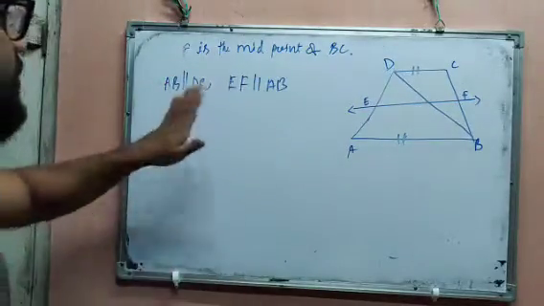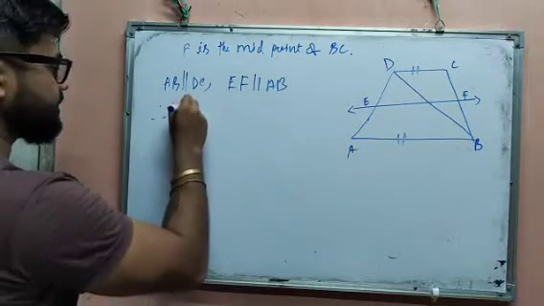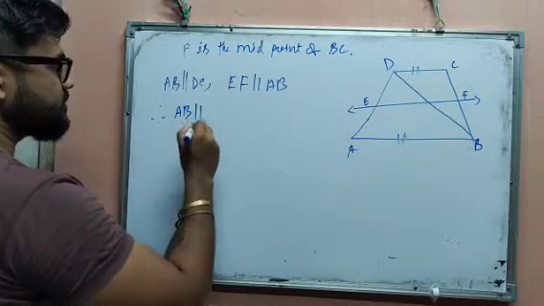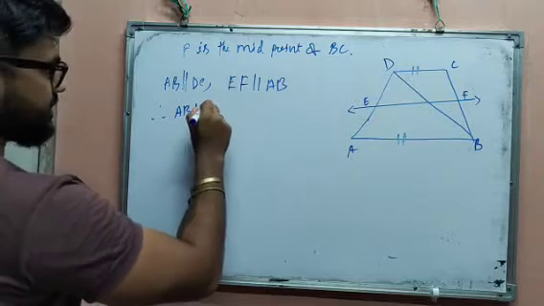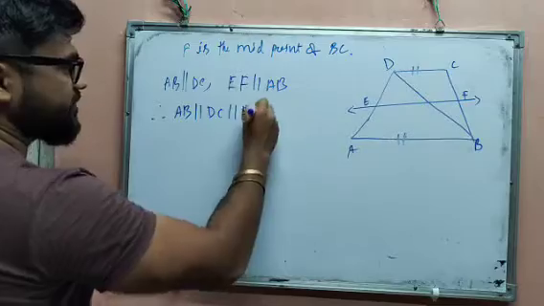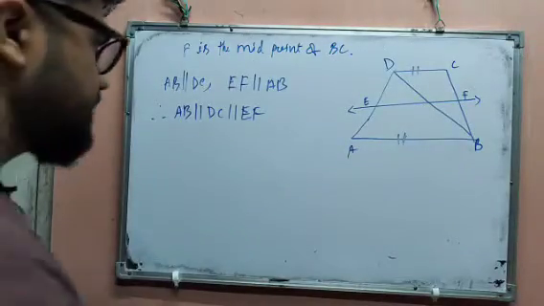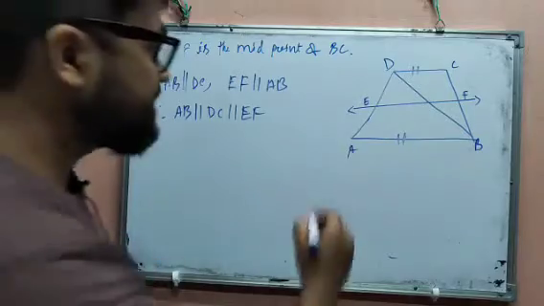So from these two, you can say that these three lines are parallel. That is, AB is parallel to DC, parallel to EF. All three lines are parallel now. Okay. Now, there is a transversal. AD is the transversal.